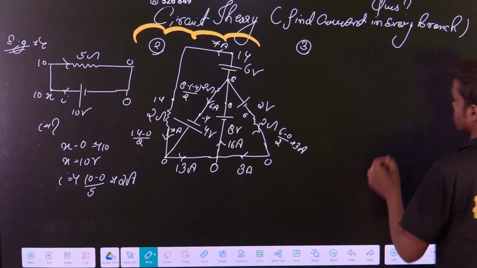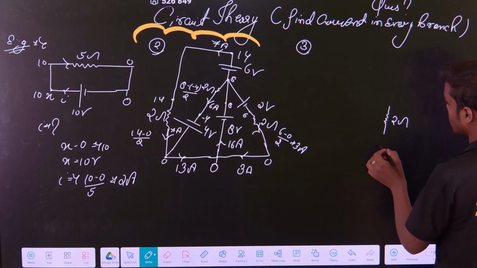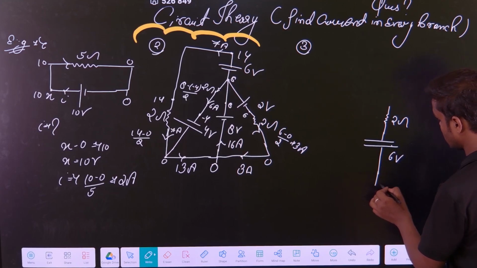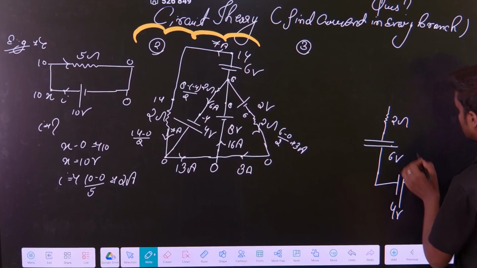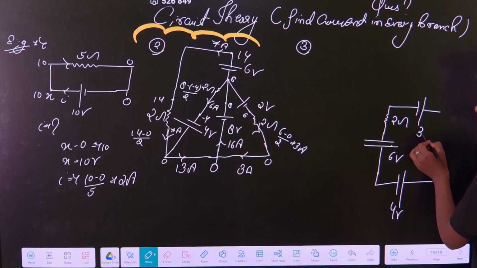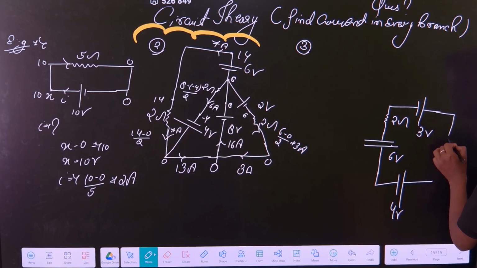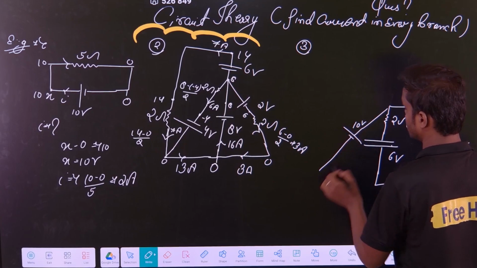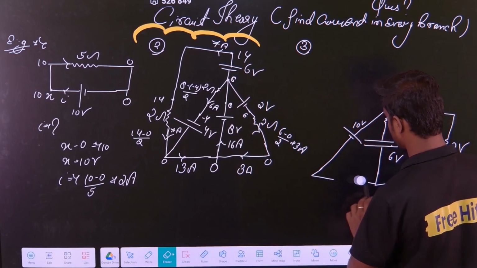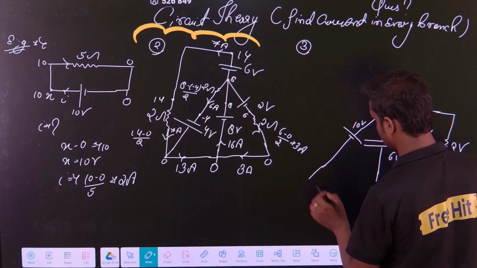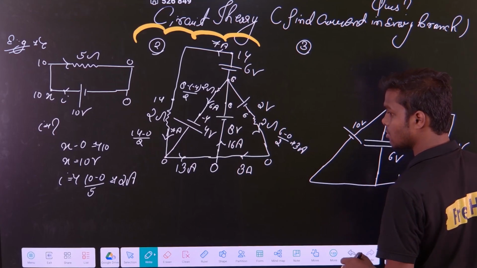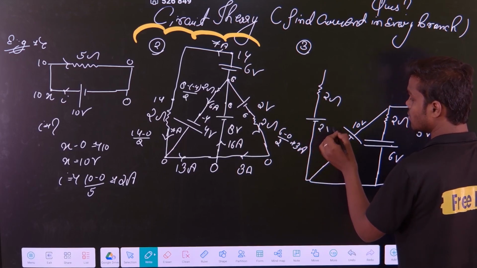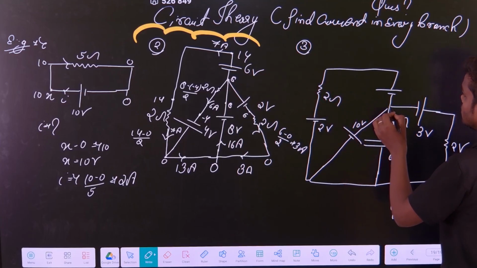Okay, so suppose 2 ohm, this is 6 volt, 4 volt, or 3 volt, 2 volt, 10 volt, this is 2 volt, and suppose this is 4 volt.